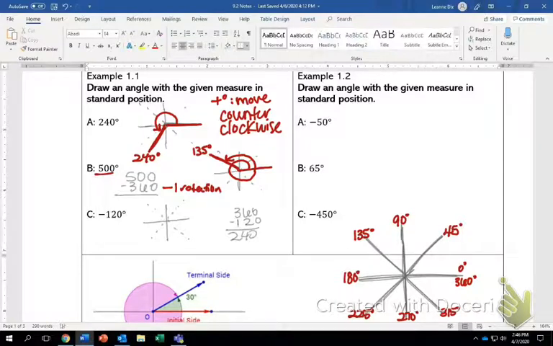Okay, so that's the same position as I had in part A. So I know that my 240 is going to be, or no, I'm sorry, I can't label it 240. I'm going to label it negative 120 degrees. All right, here's my initial side, and this is my terminal side. And because it is negative, a negative degree, you move clockwise. Clockwise.